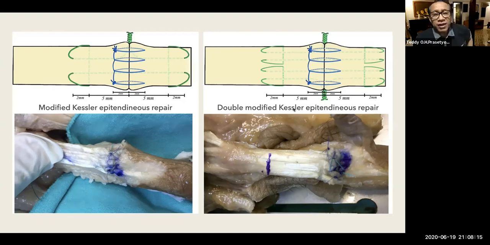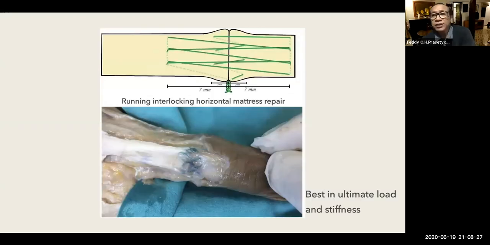Then this one is double modified Kessler combined with the epitendinous repair, the common technique. This one is more common in our practice. Then this one, the RIHM repair, stands for running interlocking horizontal mattress. Running and interlocking, using the concept of the horizontal, not the vertical mattress. This one is horizontal, right?